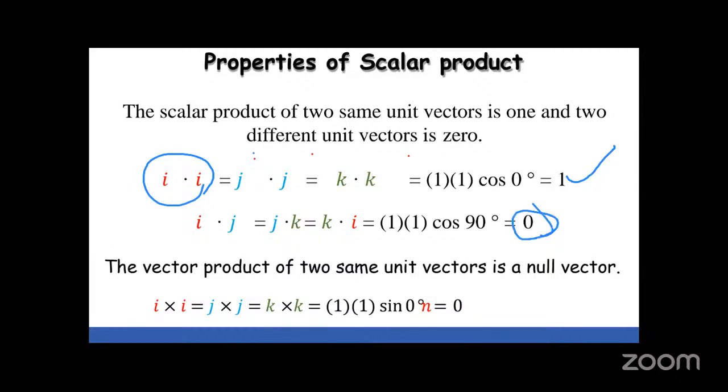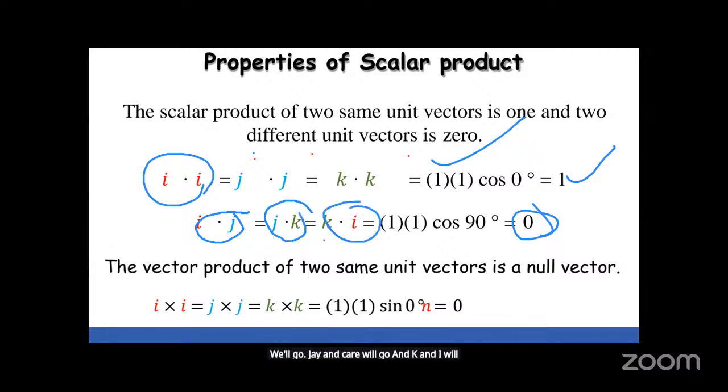That is for scalar. But for cross product, like the name implies, I and J will go, J and K will go, and K and I will give you 1.